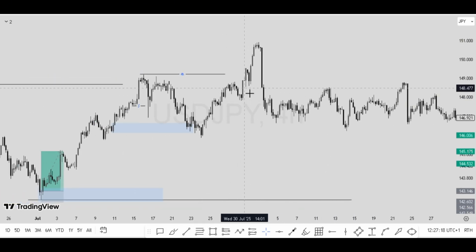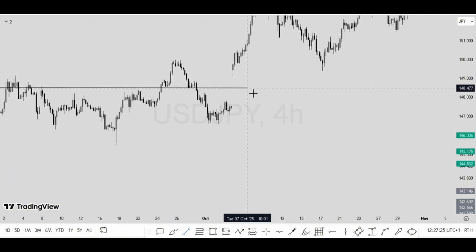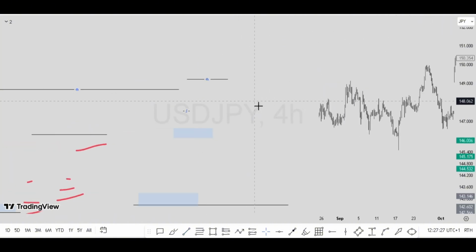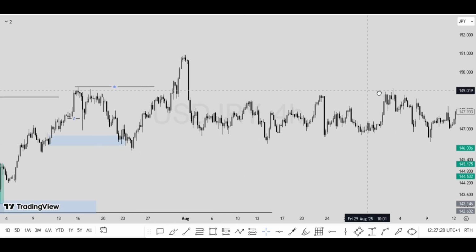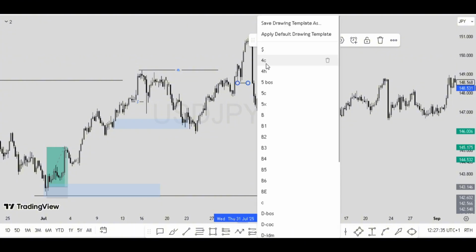And this is another position for you. After break of structure, markets give you inducement like this, 4 hours inducement.